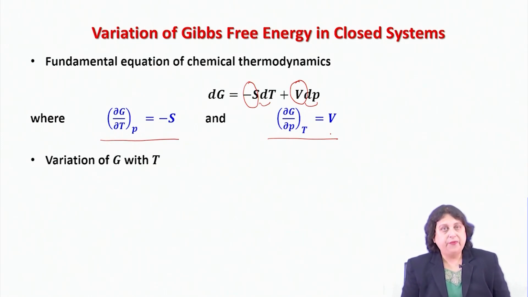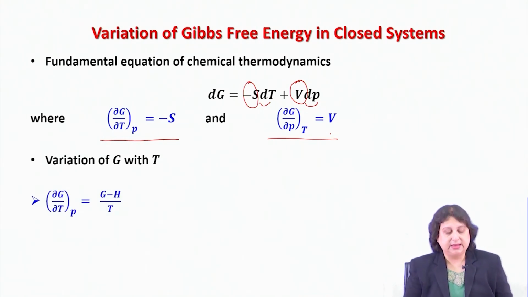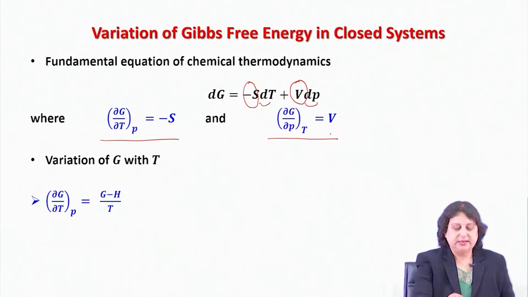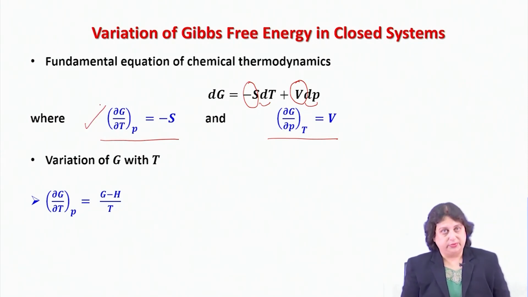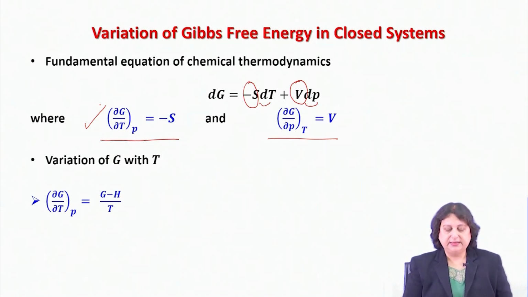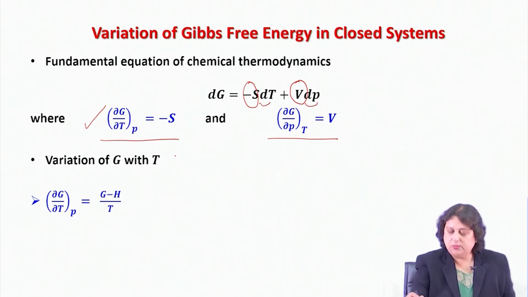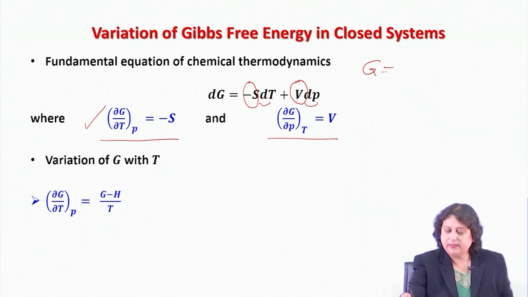Now, if I want to understand the variation of the Gibbs free energy with respect to temperature, then I understand that I can rewrite this particular relationship in a slightly different way. We understand that G is equal to H minus TS.